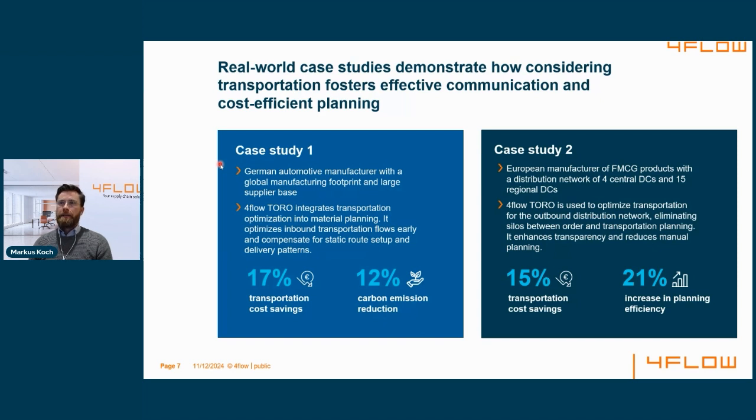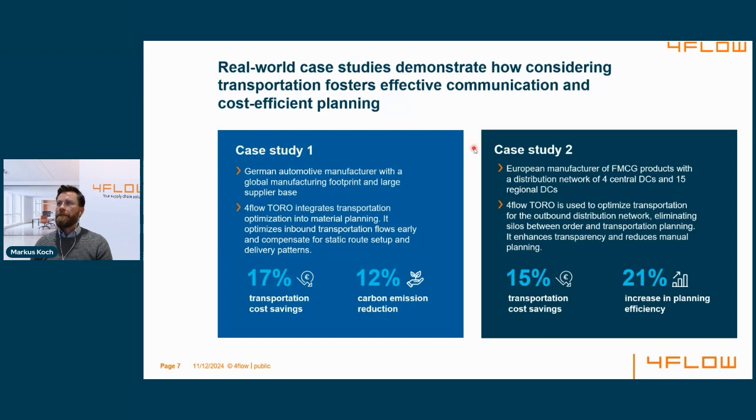With that, it was possible to reduce transportation costs by 17% and also have a positive impact on sustainability by having fewer trucks on the road and with that reducing carbon emissions by 12%.